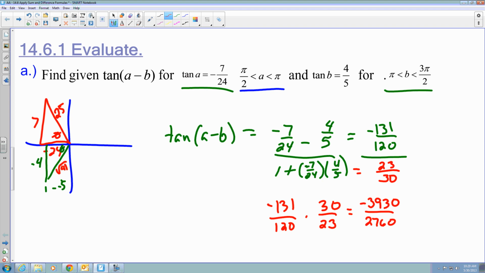And so negative 3930 divided by 2760 gives me negative 131 over 92. And that's simplified.